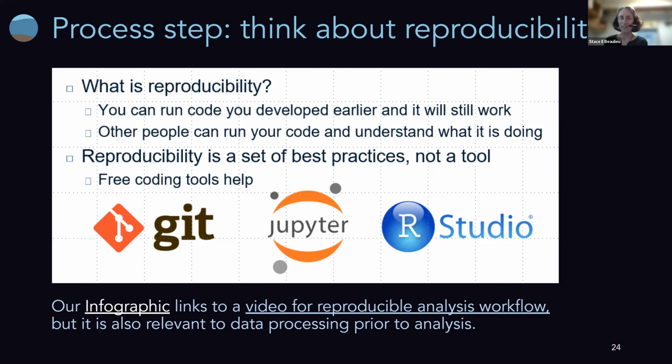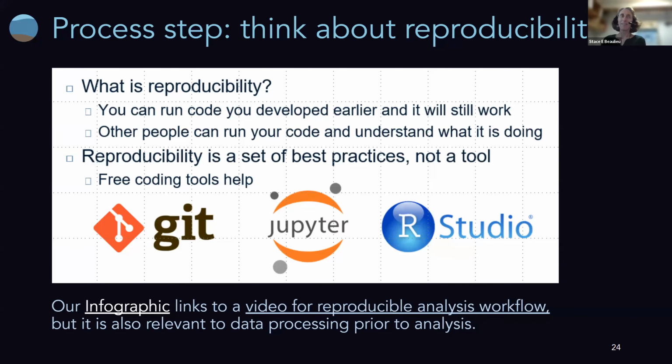reproducibility as being able to really understand what happened between when your data was raw and when you provide out your product. Reproducibility is a set of best practices. It's not one tool.